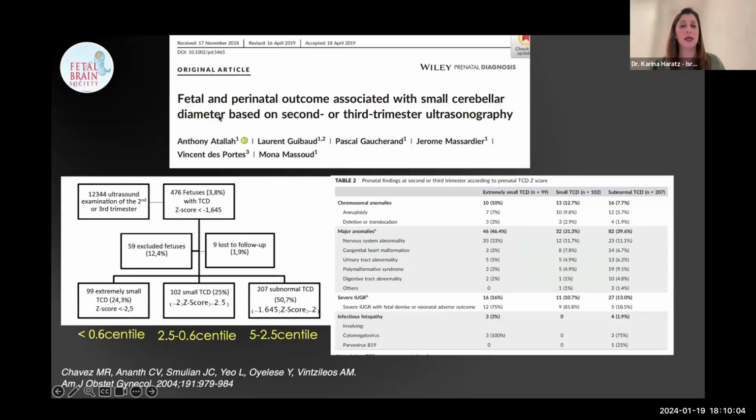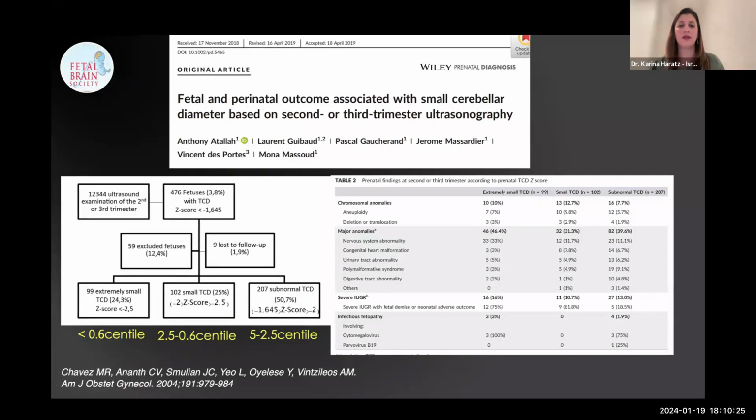So the group from Laurent Guibaud had tried to set different cutoffs: smaller than -2.5 standard deviation, between -2 and -2.5, and bigger than -2.